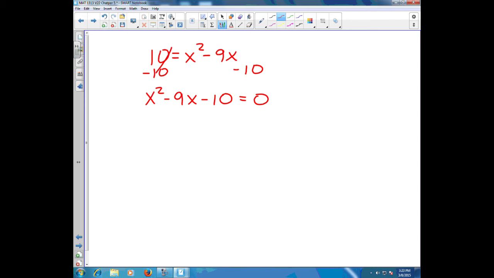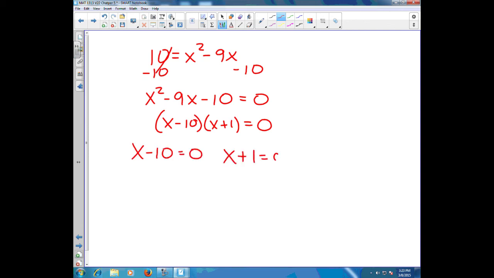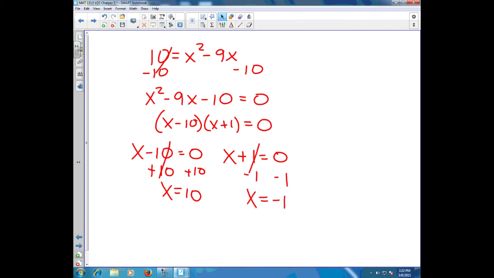Now we can factor this to solve it. x minus 10 and x plus 1. And then we can take each factor and set it equal to 0. We get x equals 10 and x equals negative 1.